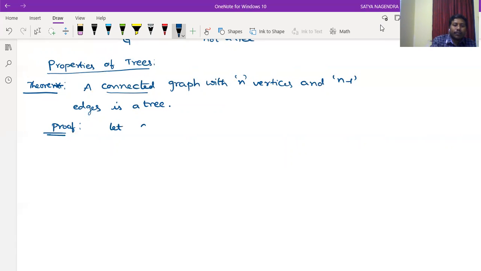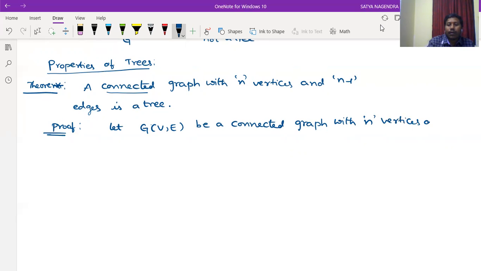Let some G = (V, E) be a connected graph with n vertices and n minus 1 edges.